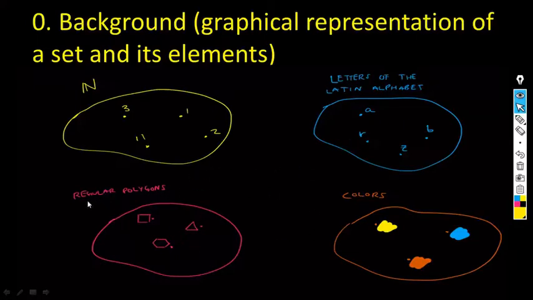For example, here, the regular polygons, I'm giving you three examples: the square, the equilateral triangle, and the regular hexagon. But I can draw more and more regular polygons, for example, the pentagon and so on. So this is a very typical representation for sets and the way to represent its elements as points inside these enclosures.